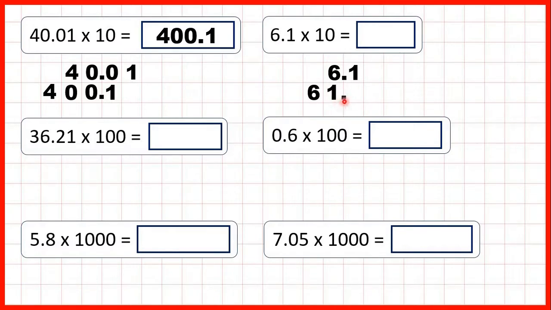Now if we have a decimal point on the end of our number, we have a whole number. So 6.1 times 10 is 61. And that makes sense, because 6 times 10 is 60, and 1/10 times 10 is 1, because if we have 1/10 and we multiply it by 10 so that we have 10 tenths, 10 tenths is the same as 1 whole.